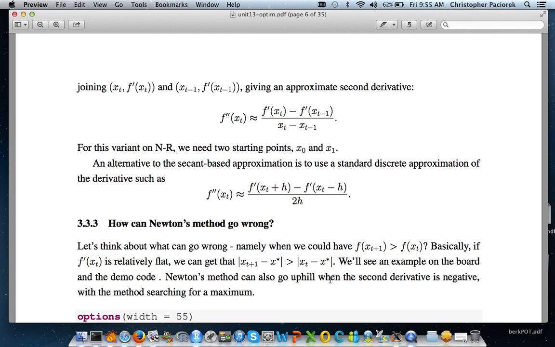So what I'd like you to do is take a minute and see if you can start drawing things that don't look as nice and quadratic as this. Can you get a sense for what can go wrong with Newton's method and how it might not actually find the minimum? So play around with sketching out what happens as you change the function and make it not as well behaved as this, and try to get a sense for what the gradient would look like and what would happen as you try to follow along the tangent lines. And then we'll reconvene in a minute and pick up from there.